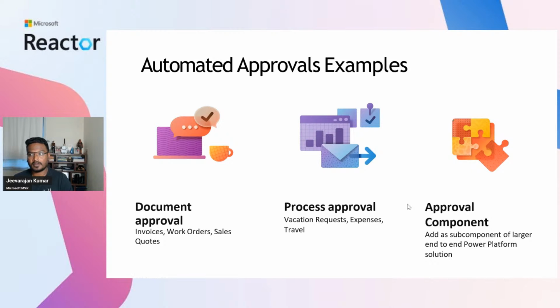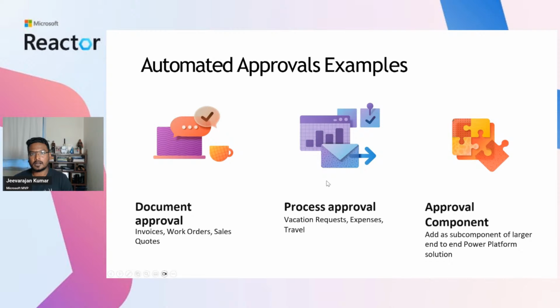We already have an approvals connector which comes as part of Power Automate. And the question that people commonly ask is why we need the approvals kit. Well, it helps to solve a complex approval process without any additional development, or I would say with low-code configuration, rather than building your custom, multiple flows or child flows or complex flows.